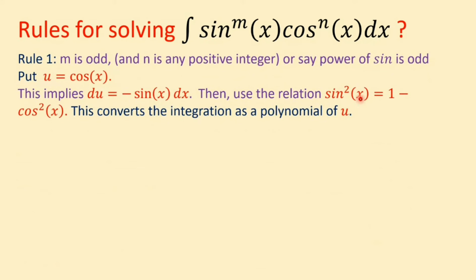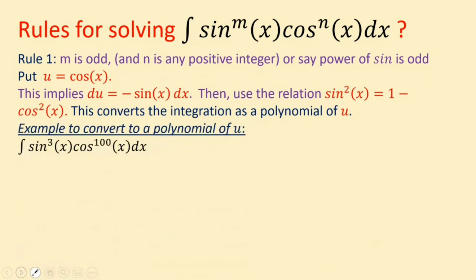Then we use the trigonometric identity sin square x is equal to 1 minus cosine square x, and this converts the whole integration into a polynomial of u. First we'll see how this converts to a polynomial of u by one example.